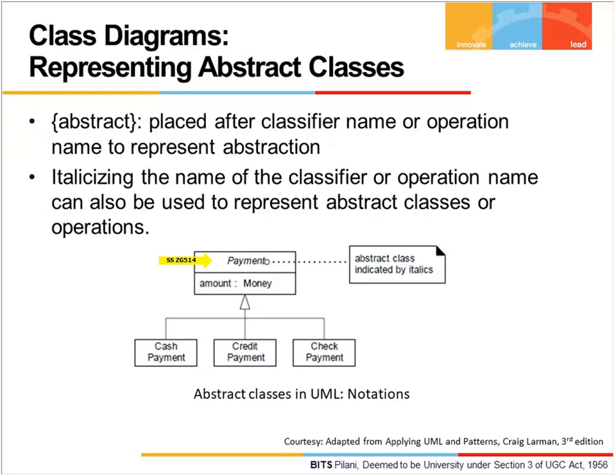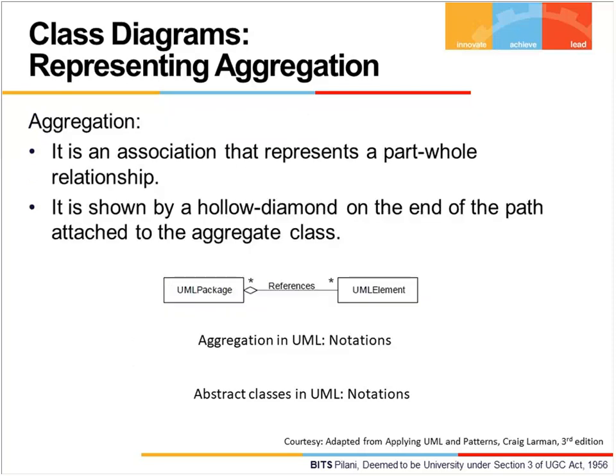So the best idea is to write the word abstract after the name of the class, and it means that this is an abstract class. In this particular example, you can see that this is an abstract class Payment, and it is being inherited by three different classes: CashPayment, CreditPayment, and CheckPayment. Okay? Let's see the other notations.